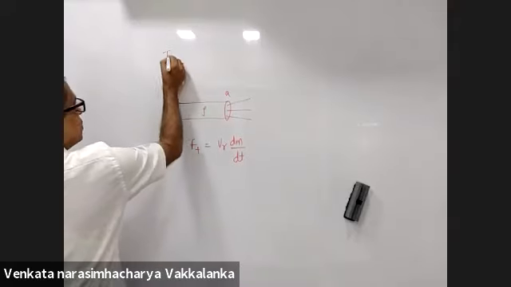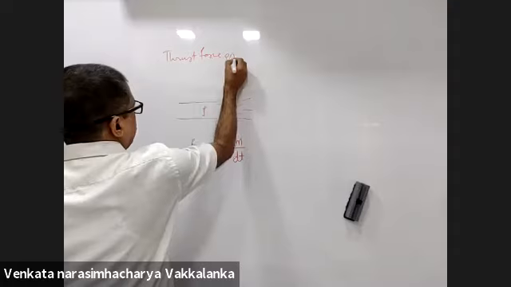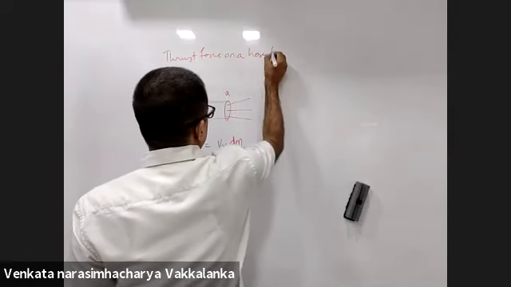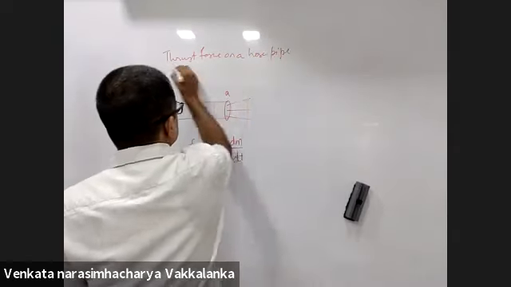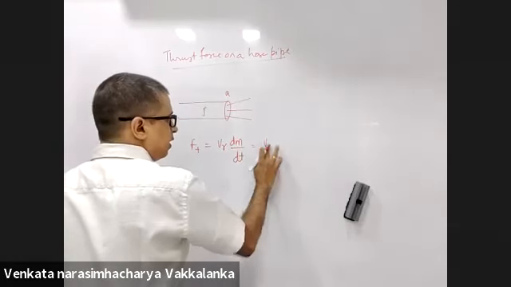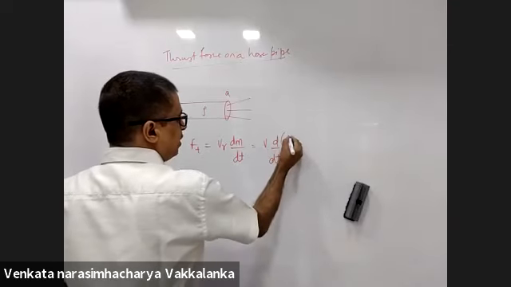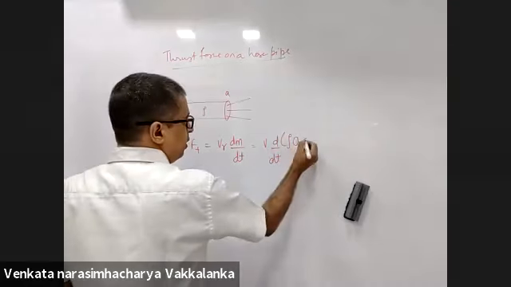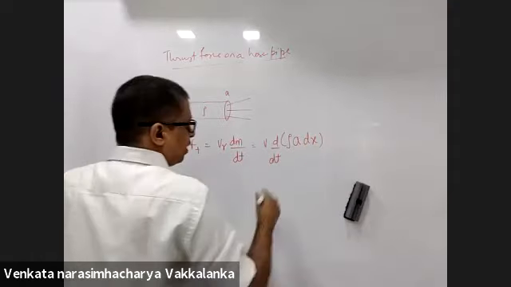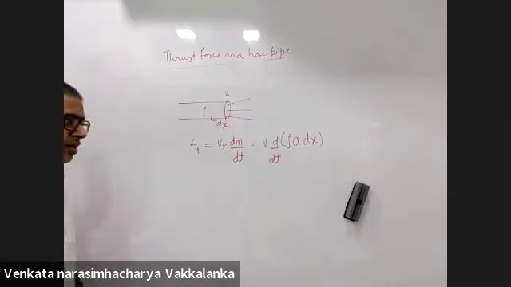Thrust force exerted on a hose pipe will be V. dm by dt will be d by dt of density into area of cross section into the length dx that water has traveled.